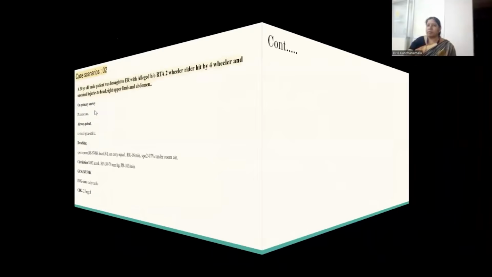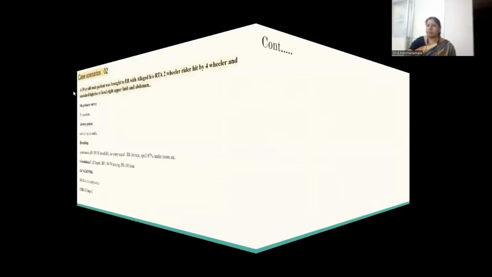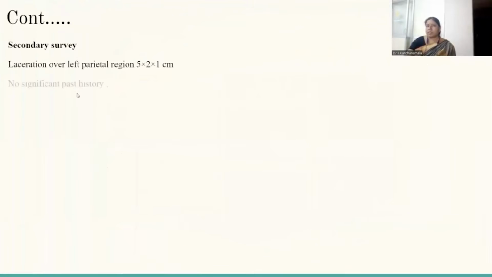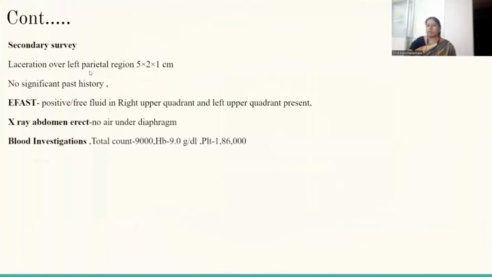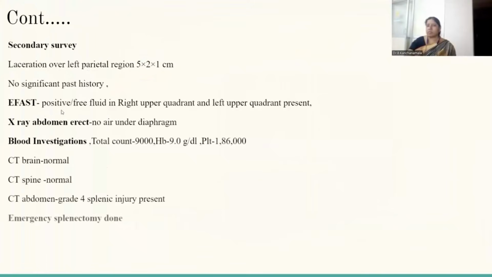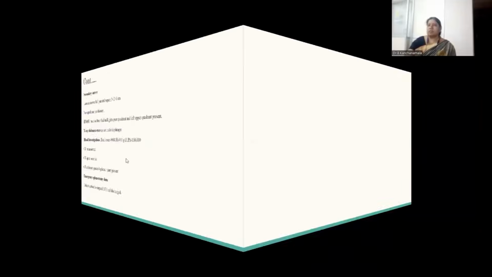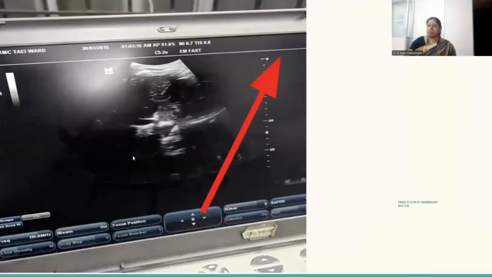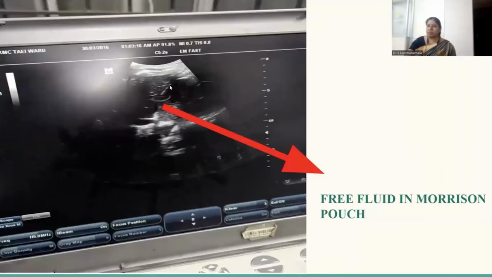On secondary survey, the patient has a laceration over the left parietal region, and eFAST is positive in the right upper quadrant and left upper quadrant, with no air under the diaphragm. The CT turned out to show a grade 4 splenic injury. Emergency splenectomy was done and the patient was discharged. This shows the free fluid in the Morrison pouch in this patient.